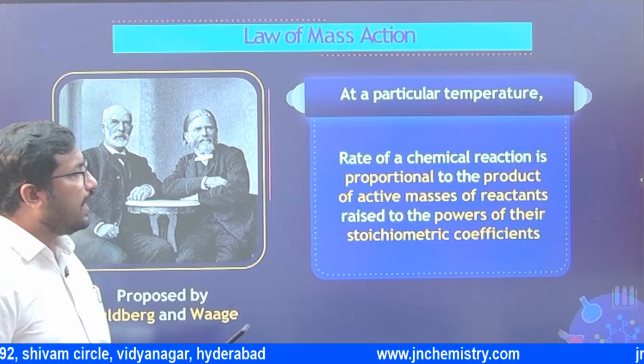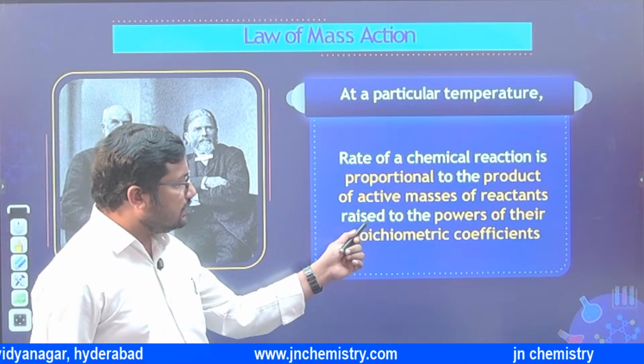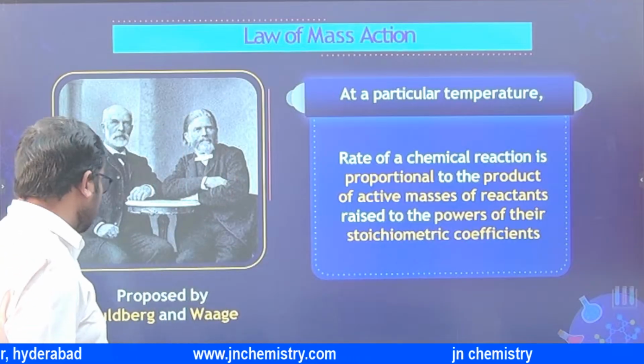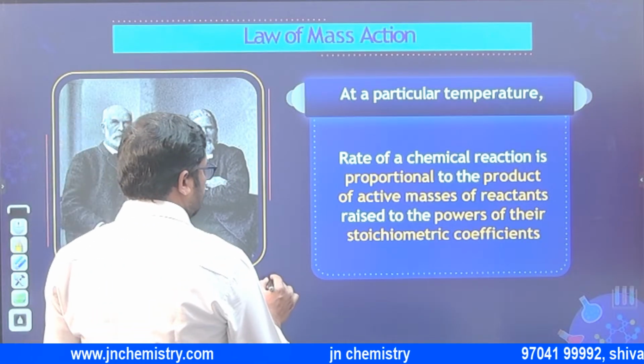So, the product of active masses. What are the active masses of reactants raised to the power of their stoichiometric coefficients? So if you want, you can write it down.